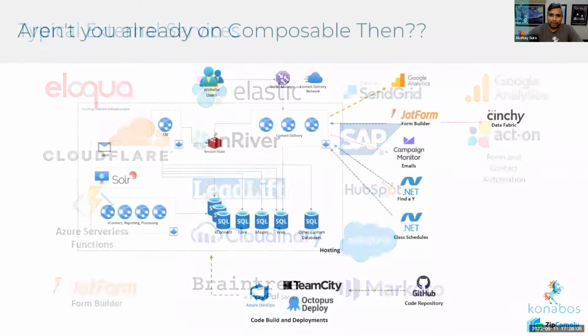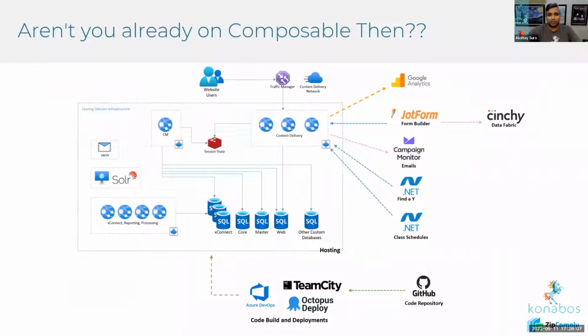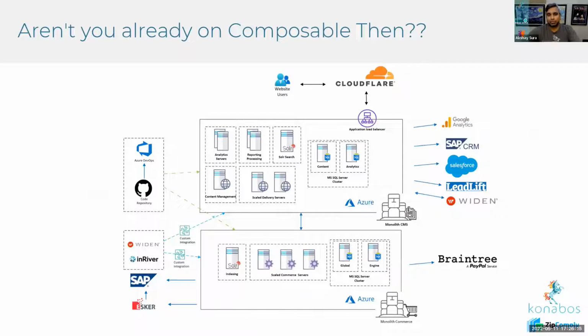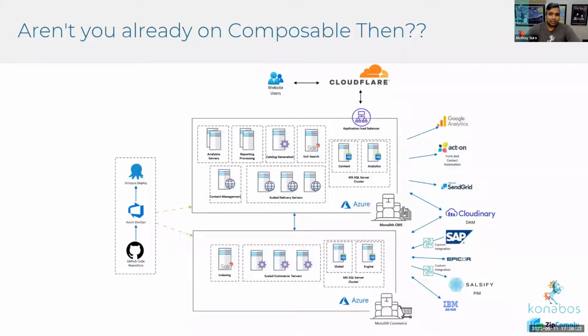So this is the same architecture diagram with all the external tools, in terms of what we do for Google Analytics or campaign management, pushing in and out contacts from other systems. When I look at this, I asked the question, aren't we already composable then? Because I'm already doing a lot of work in the Sitecore space, but also dealing with all these external services.